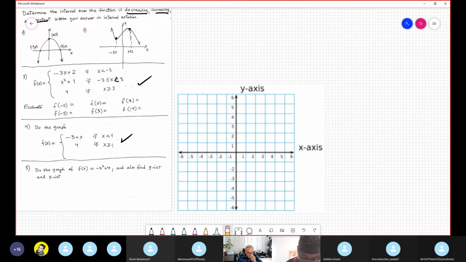Okay, what's the idea in number 5? Well, the idea in number 5 is we have a function given: minus x squared plus 4. And also find the y-intercept. And also find the x-intercepts. Now it's important to graph.